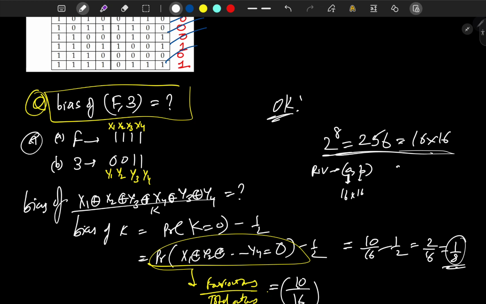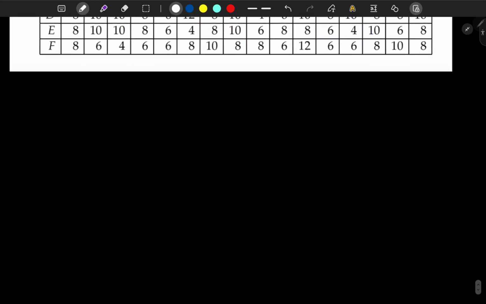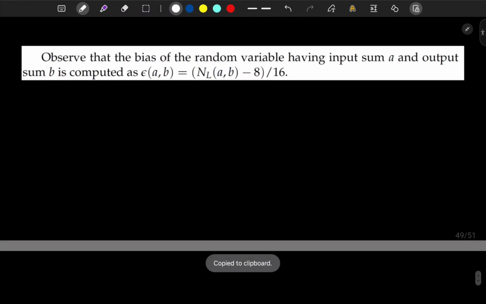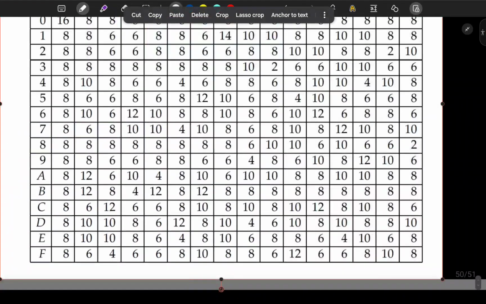So with b also 16, there can be a total of 256. Now we will take all these 256 and start filling them in. By doing this, finally we will land up here.